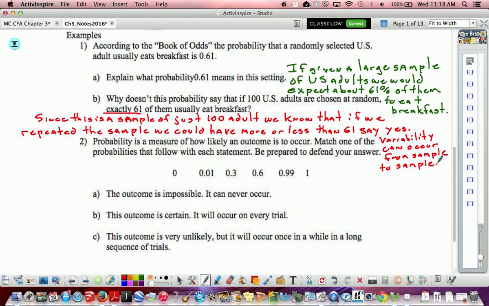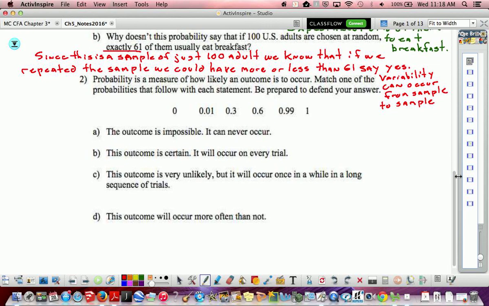All right, number 2 says the probability is a measure of how likely outcomes are to occur. It says match one of the probabilities that follow with each statement. Be prepared to defend your answer. So A says the outcome is impossible.